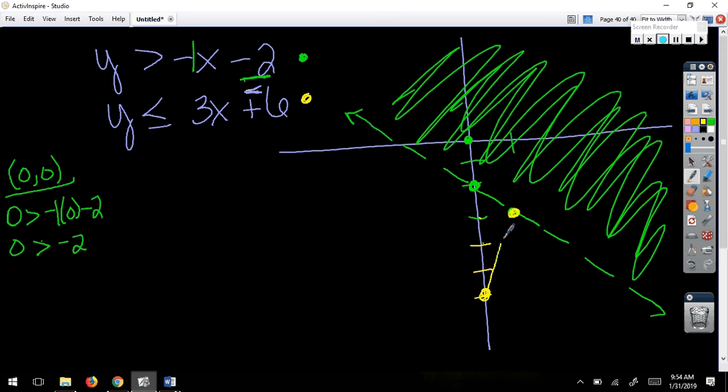It's a solid line, but now I need to shade. What should I use as my test point? I'm going to use 0, 0 again. Yep, you can, as long as the lines don't go through that point. Is 0 less than or equal to 3 times 0 plus 6?